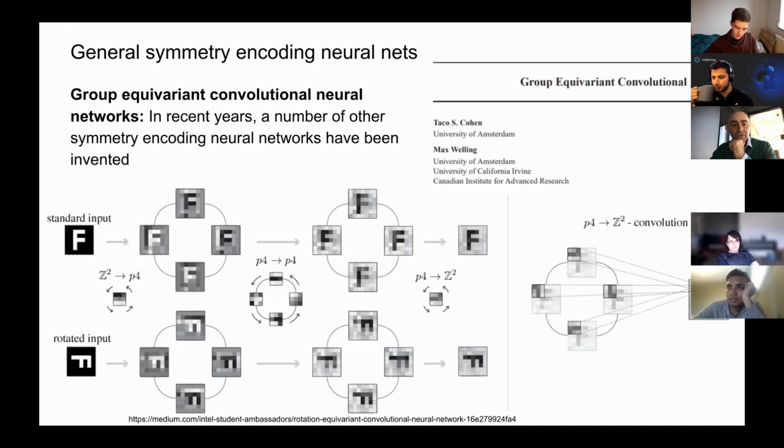I think one of the earlier papers of the recent wave of symmetry equivariant neural networks, group equivariant neural networks, started with maybe this paper and maybe one older paper by the same people, by Taco Cohen and Max Welling, where they tried to generalize convolutional neural nets by encoding a different symmetry group into the neural network. In this case, they were encoding fourfold rotations into the neural network.